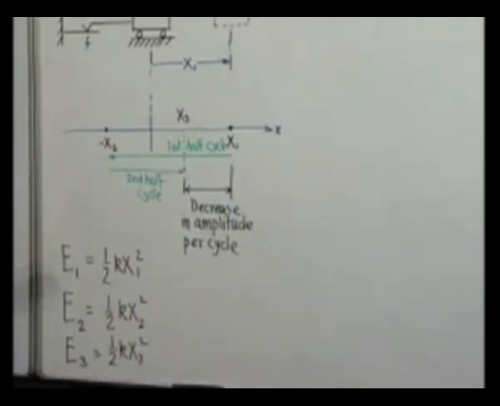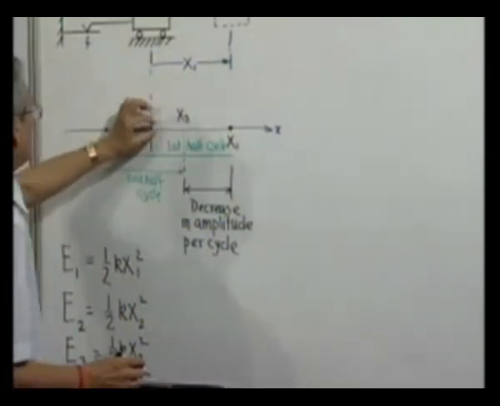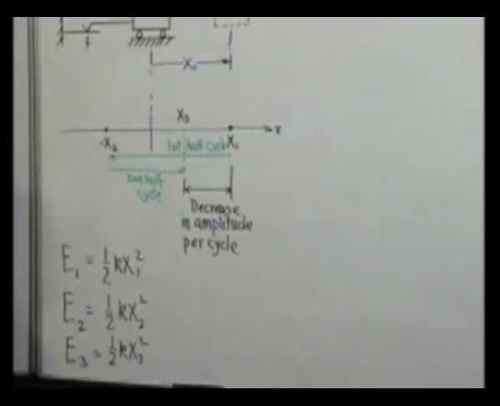So we can see the energy is decreasing. Why? The reason is simply because when the mass is coming from here to here, it is also dissipating some energy because of this friction.